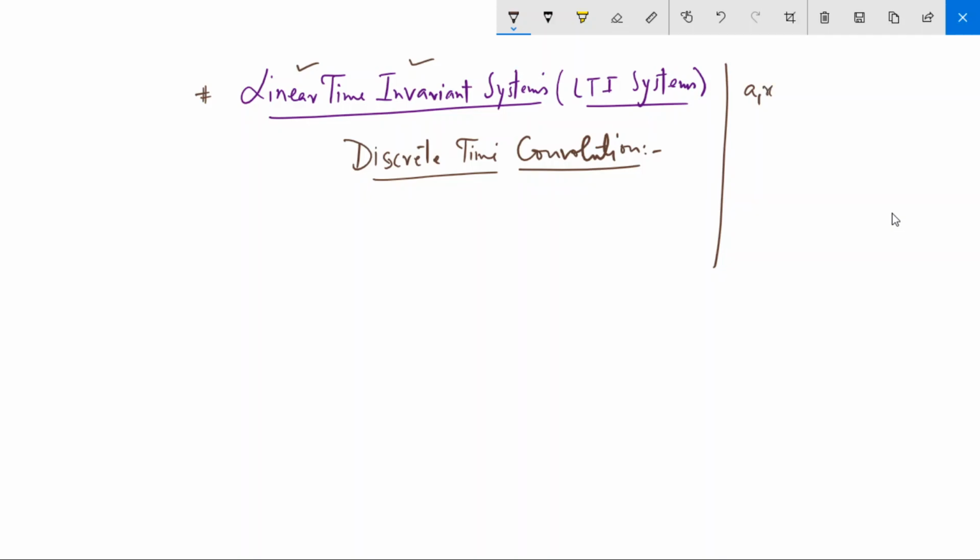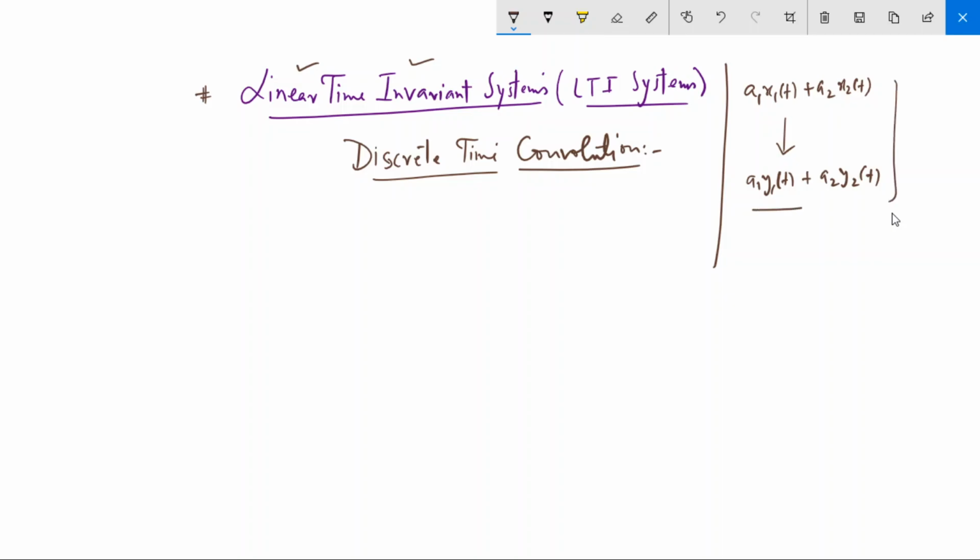That means a1 x1(t) plus a2 x2(t), its output is nothing but a1 y1(t) plus a2 y2(t), which is called superposition.